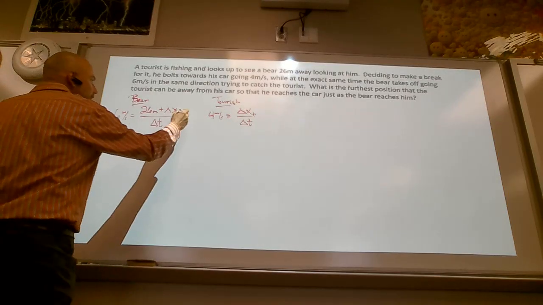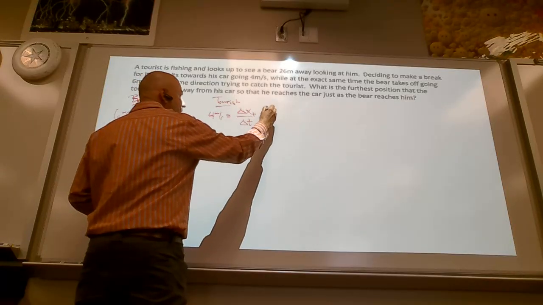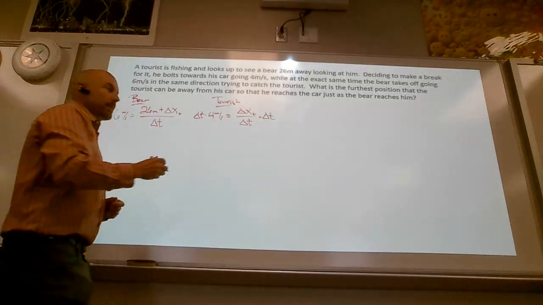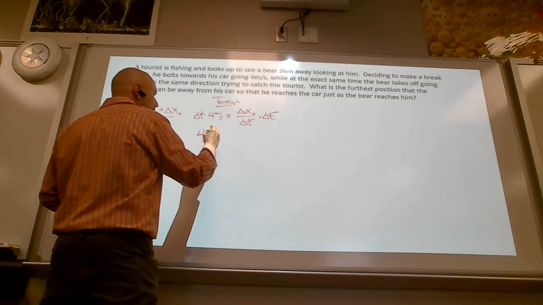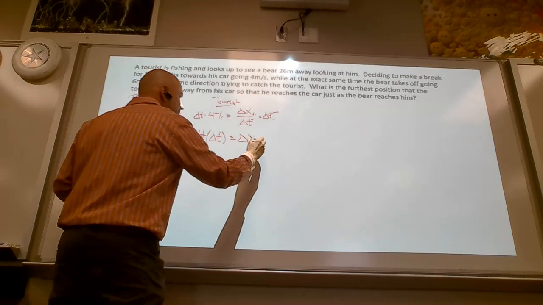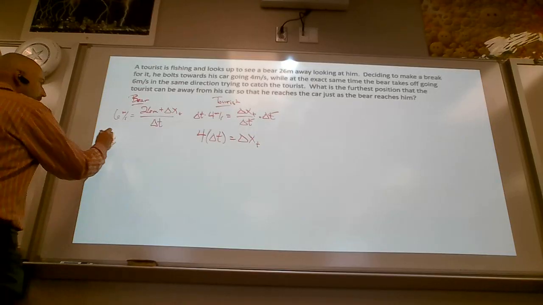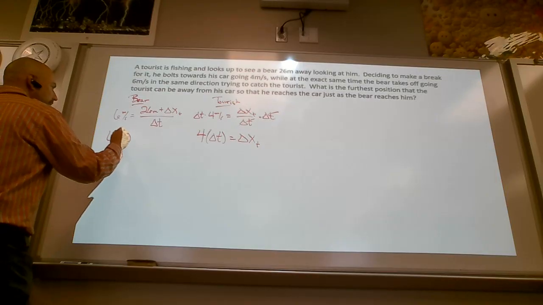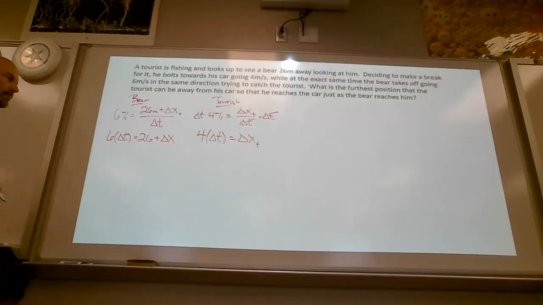So I'm going to multiply delta t on both sides. That gets rid of that, so I get 4 delta t is equal to delta x. Do the same thing over here: 6 delta t equal to 26 plus delta x.